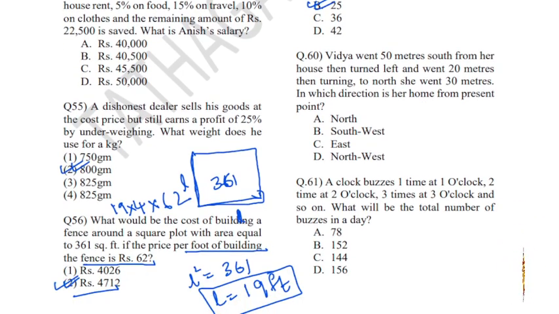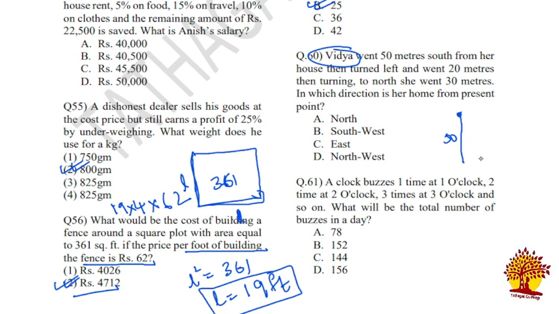Next, 60th question. Vidya madam went 50 meters south from her house. Her house is here. Consider it as here. 50 meters south from her house, down the line 50 meters.